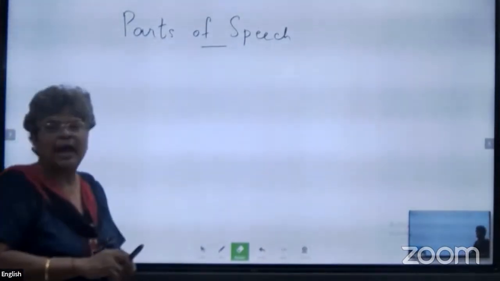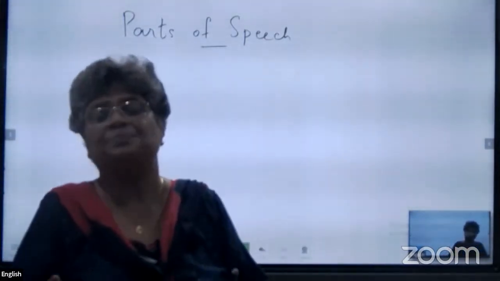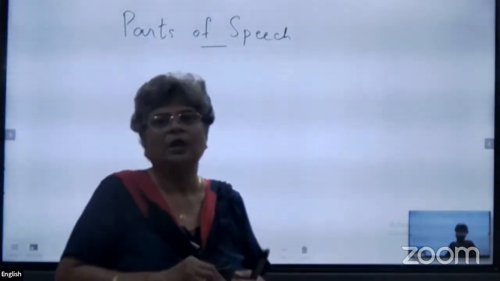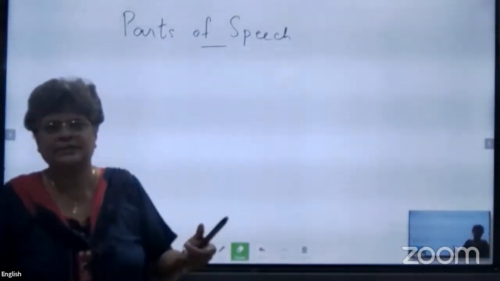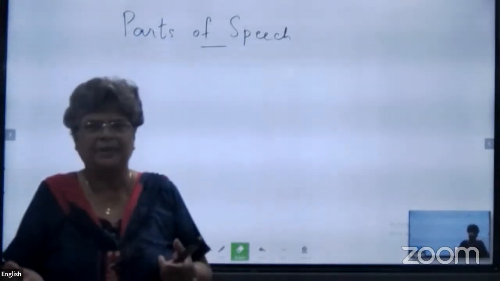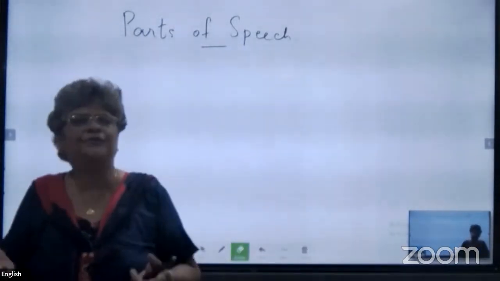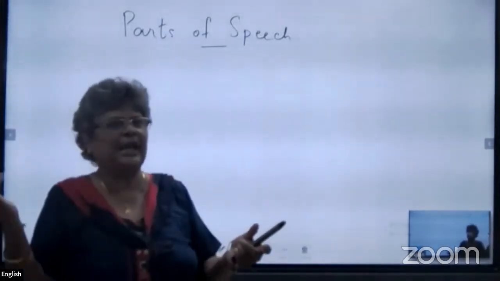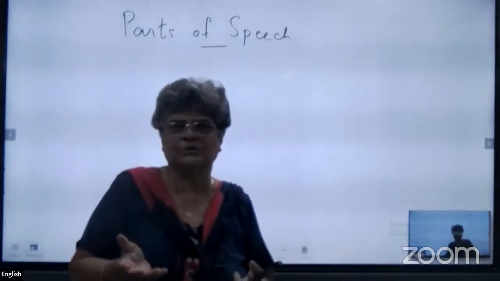Now coming to adjective, the position of an adjective is before a noun. A tall boy, a short boy, a thin boy, a stout boy. It usually takes up er, est. Like I said, there are exceptions. Like for beautiful, you cannot use er and est. Instead, you use more and most.